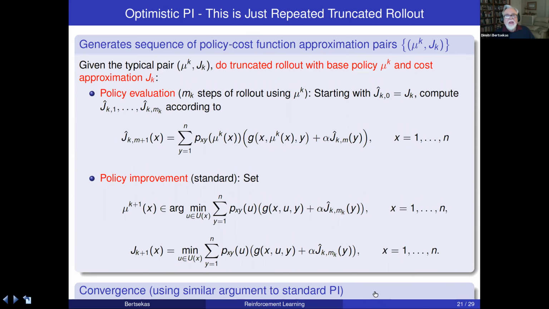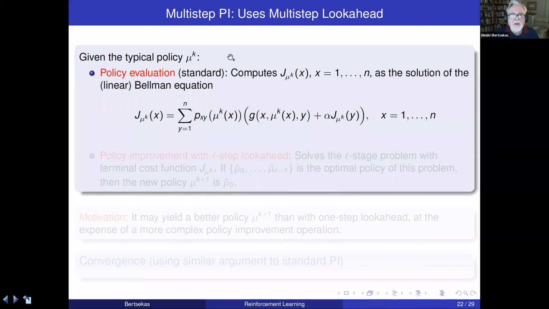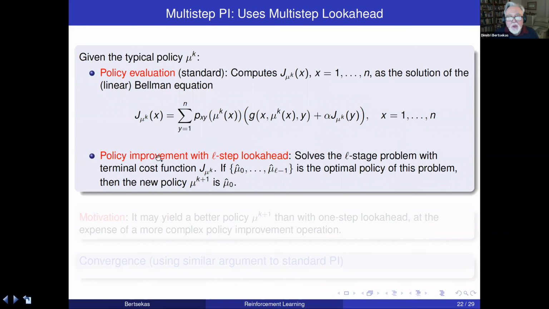Okay, here's another type of policy iteration, multi-step policy iteration. It's like the standard version, except that it uses multi-step look ahead for policy improvement rather than one-step look ahead. So given the typical policy, we do the standard policy evaluation, calculate the cost function of that policy by solving the corresponding Bellman's equation. Then we do policy improvement, but with L step look ahead.